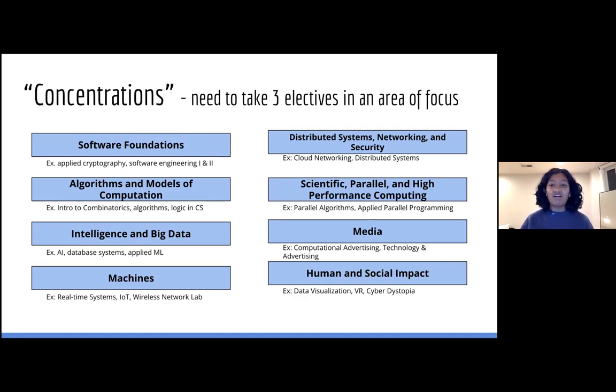And so there are a lot of electives that you can take, and it's pretty easy to find 3 that fall under something that you're interested in. So there was a question about how to pick which area of focus to choose. And I think you figure it out as you take classes in the core curriculum. So for example, there's a class called CS 374, which I took junior year, and it is algorithms and models of computation.